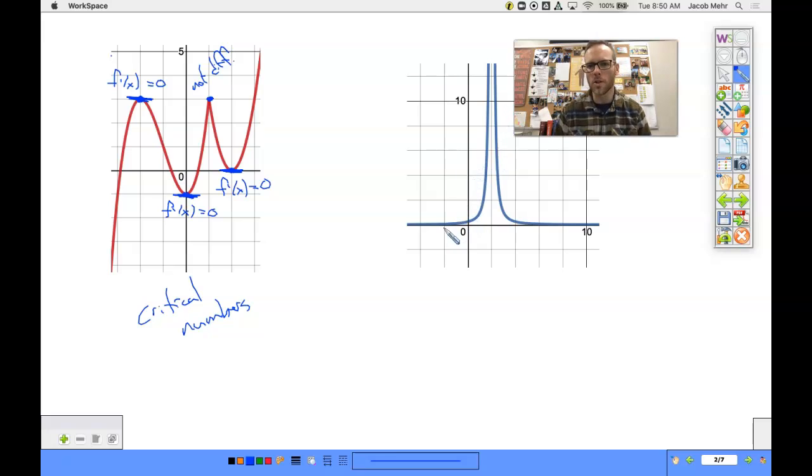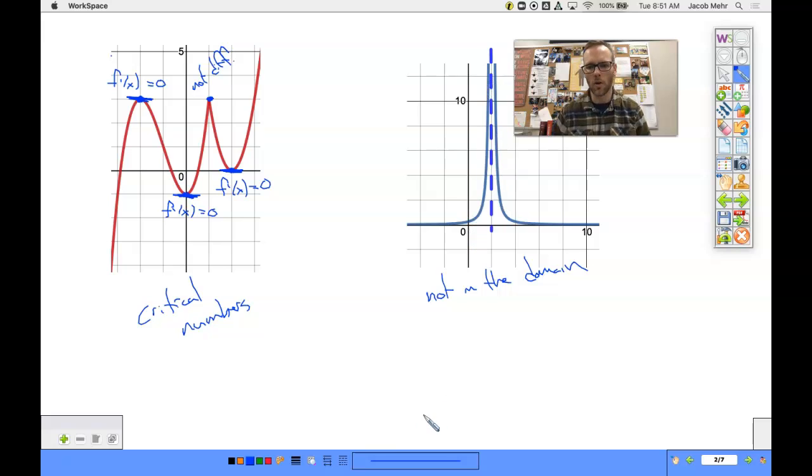Now, in this one, where does it change from increasing to decreasing? Well, there's this vertical asymptote right there, right? The vertical asymptote is not a critical number, because for it to be a critical number, the point has to be defined. So we see it change from increasing to decreasing at a vertical asymptote at a value that is not in the domain.